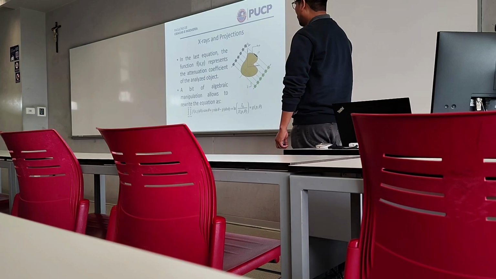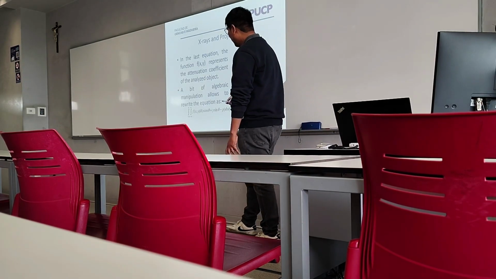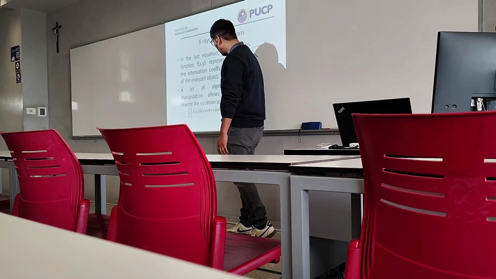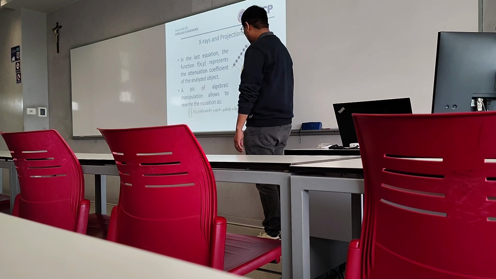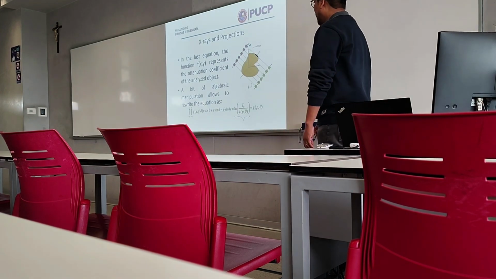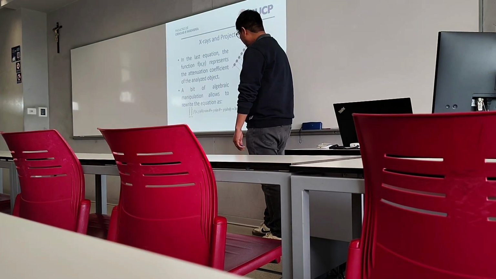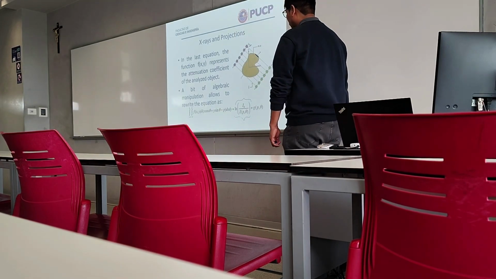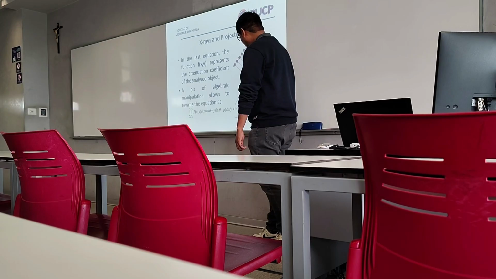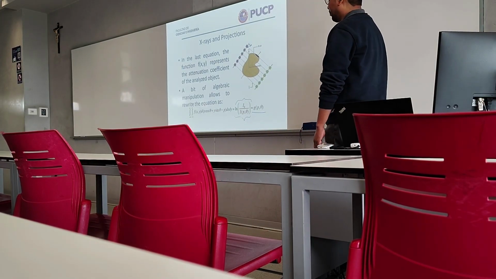A bit of algebraic manipulation allows us to rewrite the equation, isolating the exponential term, so that the Radon transform is the natural log of I0 divided by the intensity received. So this is something we can make equal to the Radon transform.